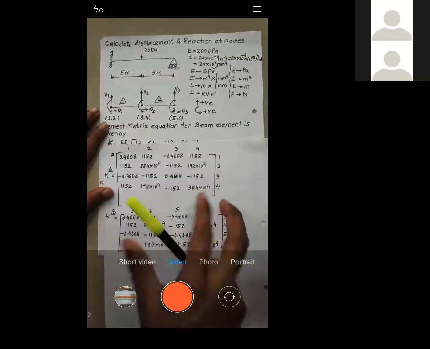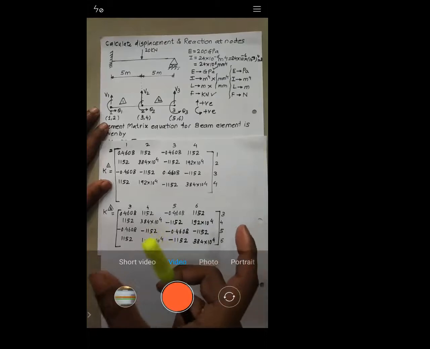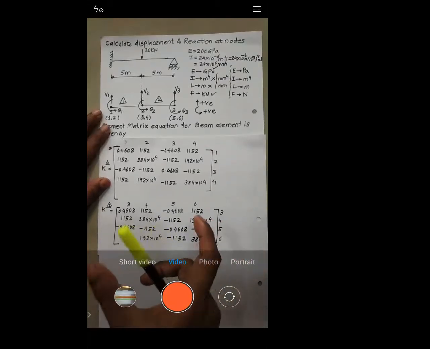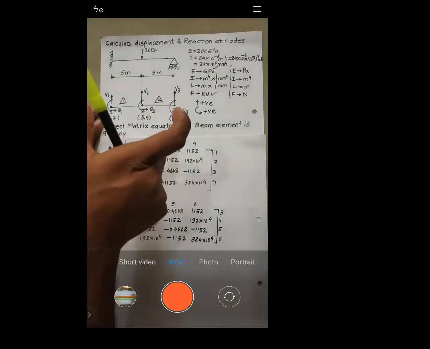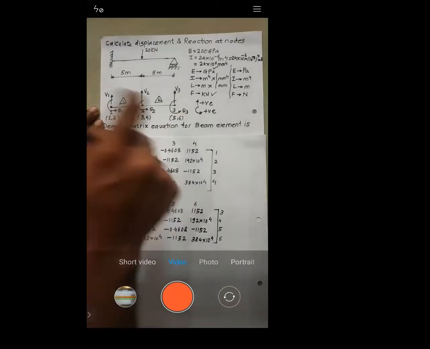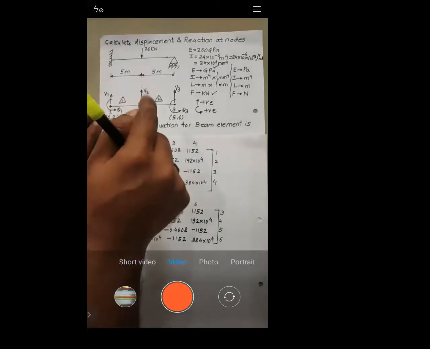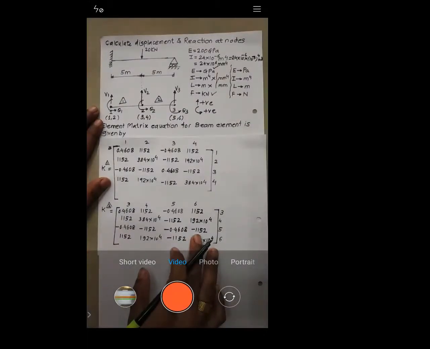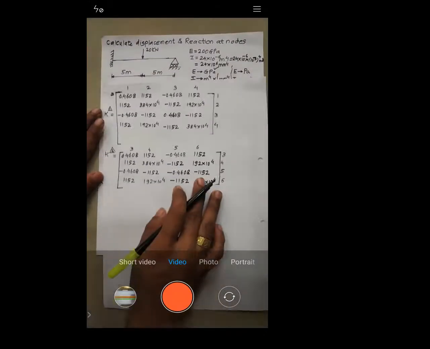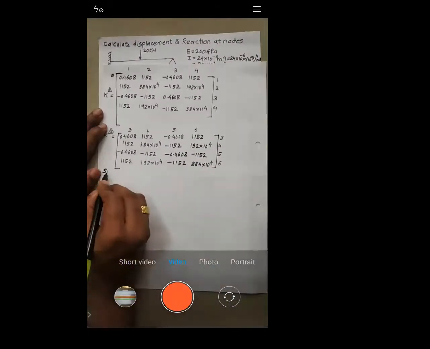Now if you talk about the total matrix, that is the global matrix. For the total problem, we have 3 nodes, and each node can move in 2 directions. So 3 into 2 is 6, right? So size of our global stiffness matrix will be 6 by 6. Is it okay or not? Okay, so let me write down here.